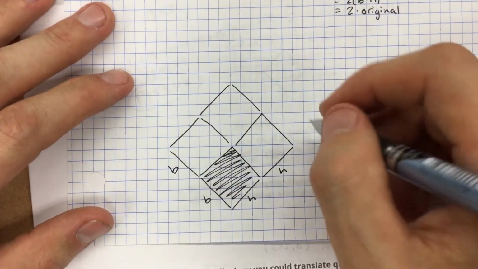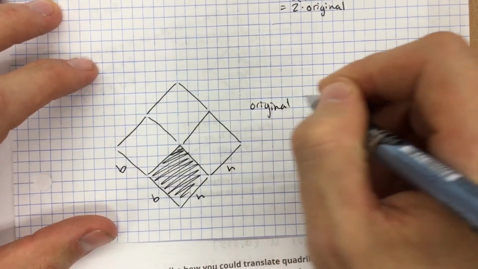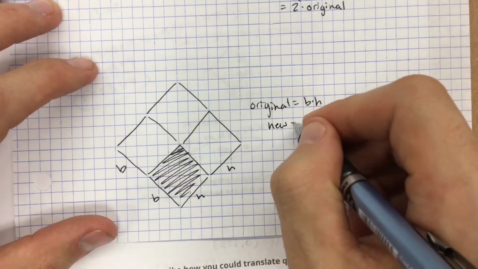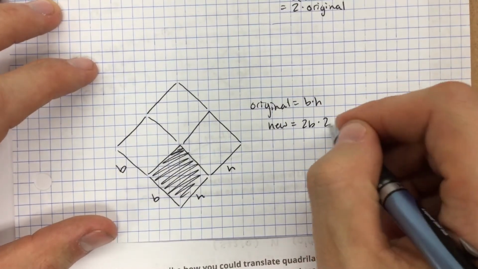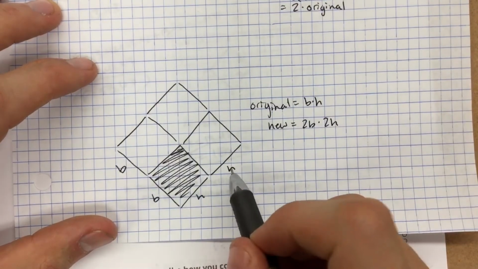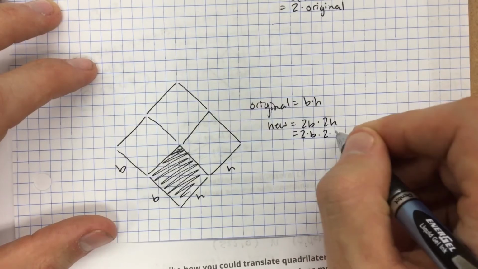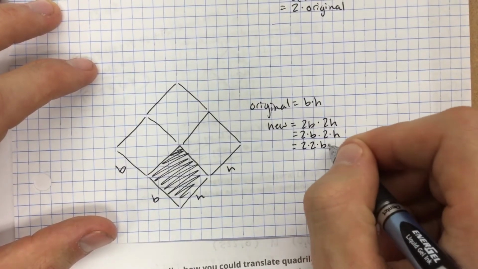So that means that our area of our original shape was base times height, and now for our new shape, it's equal to 2 base, remember base and base, times 2 height, height and height. Another way we can write this: 2 times base times 2 times height, which is equal to 2 times 2 times base times height.